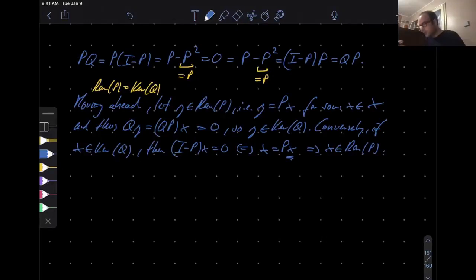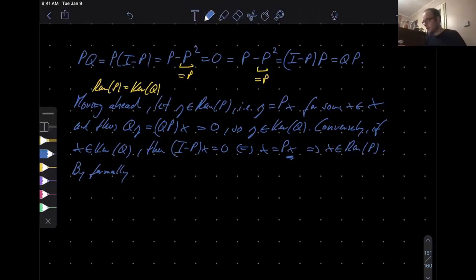Now, how do you get the other one where you have the range of Q is equal to the kernel of P? Well, formally, remember this is the one in yellow that we just proved is valid for any projection P, so it's in particular valid for the projection Q, which is 1 minus P, right?